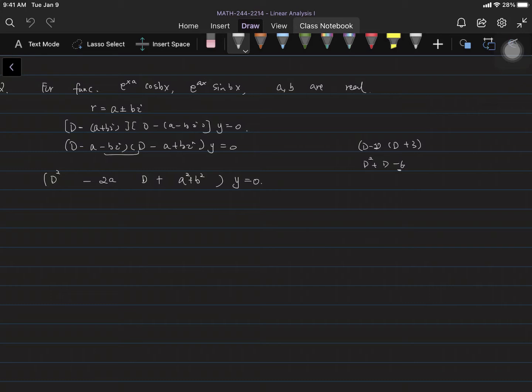So AD equals D squared minus 2aD plus a squared plus b squared. This is the operator that annihilates both of those functions.